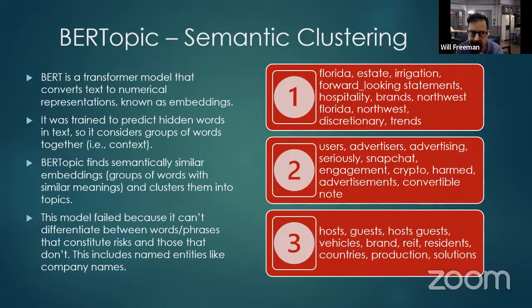So it has a limited contextual understanding, and it basically just clusters together things that commonly go together. That could be something like Northwest Florida, that has nothing to do with anything for us, and really has no relevance for risks, as far as I understand. And so this didn't work super well either.